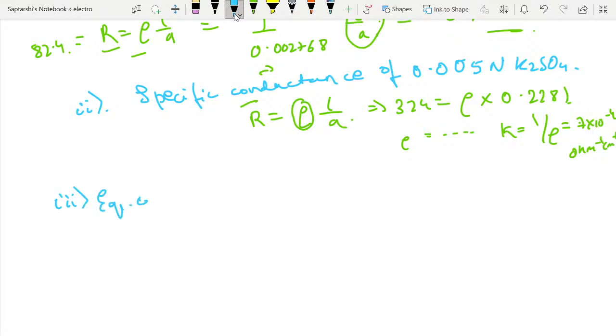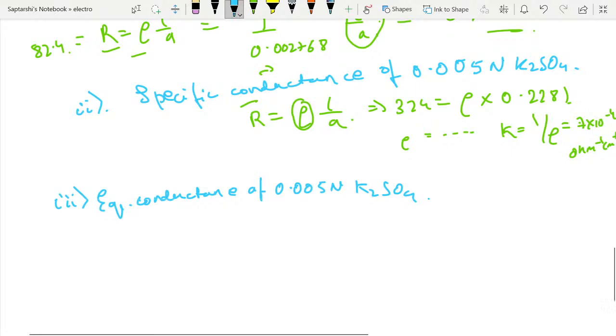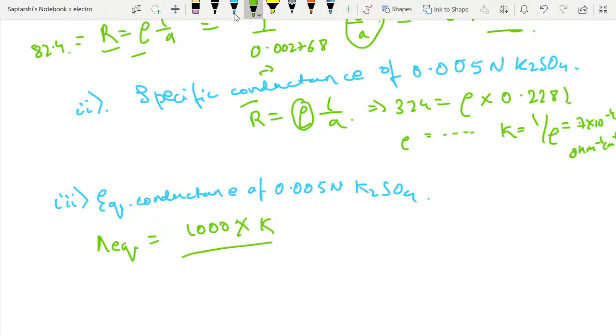So equivalent conductance of 0.005 normal K2SO4. Great. As we know, the formula for equivalent conductance is 1000 into kappa divided by C equivalent.